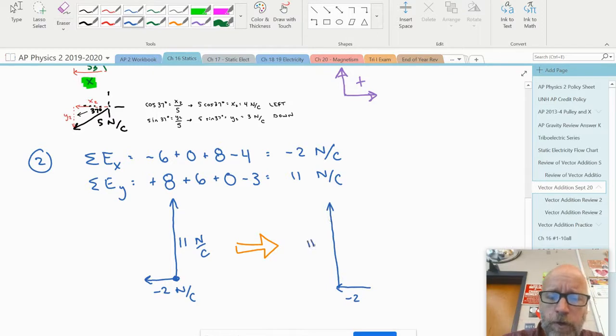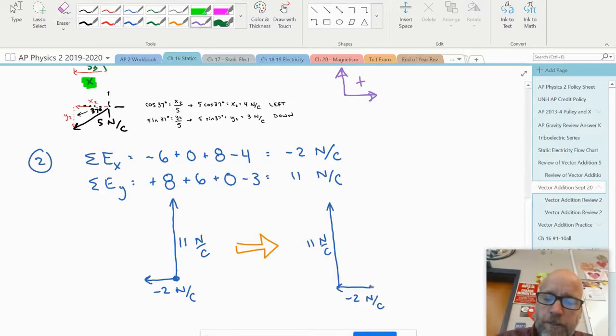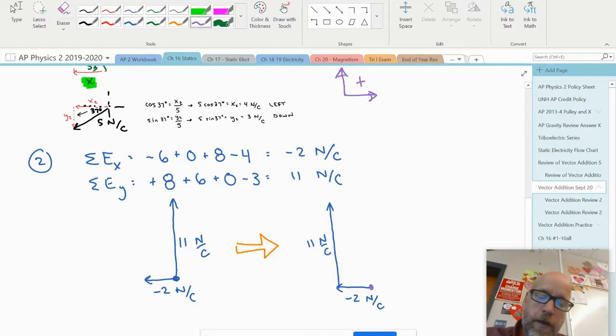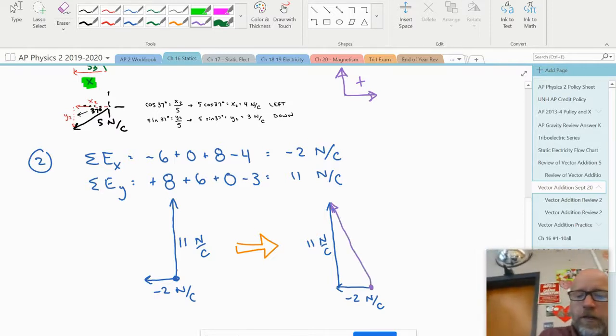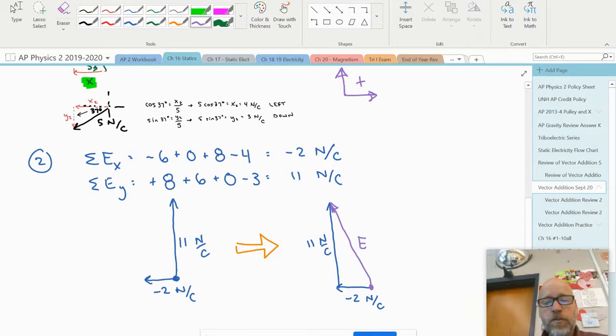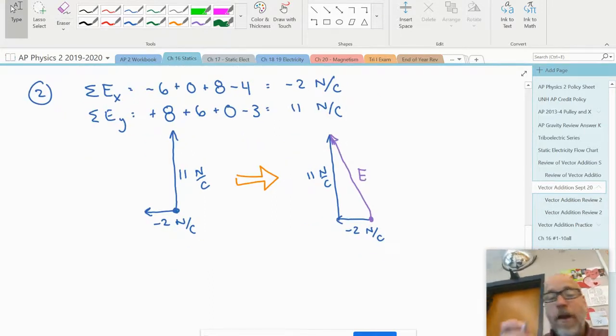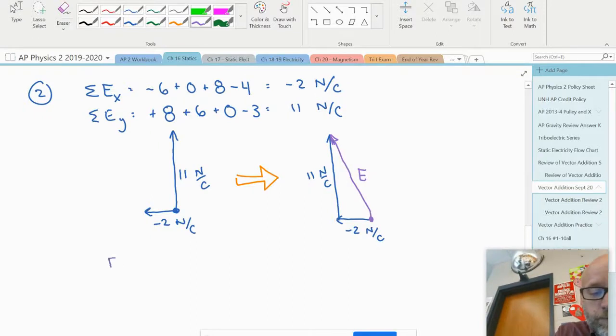Now I'm sure your notes are looking nicer than mine right now. But my resultant, if I start at the beginning and go to the end, I'm going to call that E. Okay, so let's find that. To find the magnitude, did you guys turn the volume down? Because you can just do this on your own. That's okay.